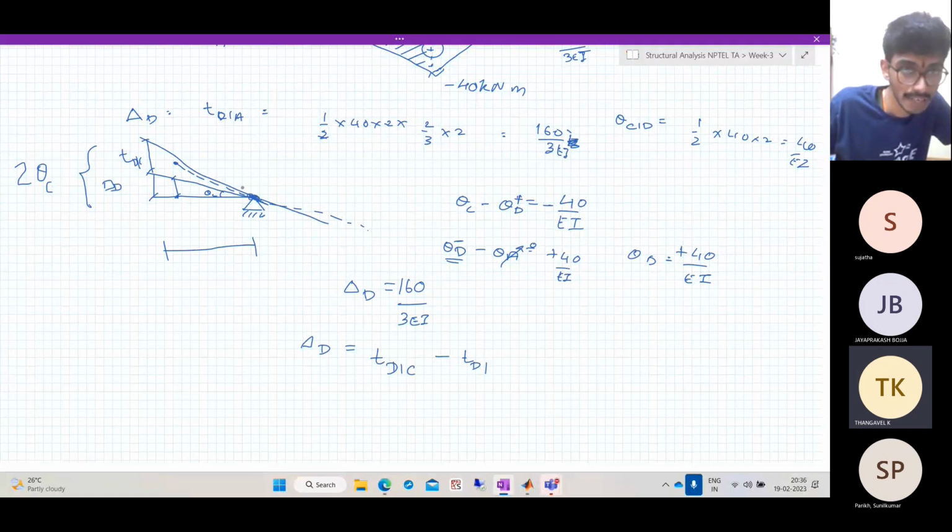Okay, so let me draw it clearly again. The deflected curve is something like this. This is the point D. This is the point C, which is supported.